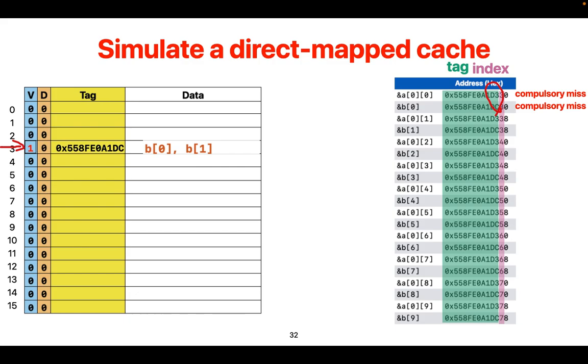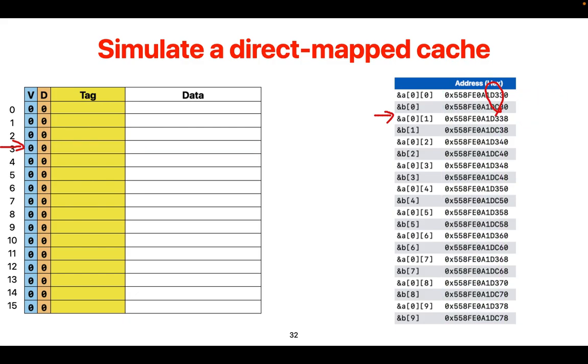Now, when I'm accessing A01, what kind of miss? Conflict miss, right? Why is it a conflict miss? Because previously A01 was there before. Look at the animation.